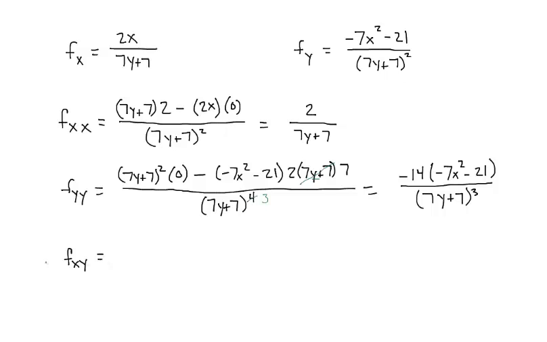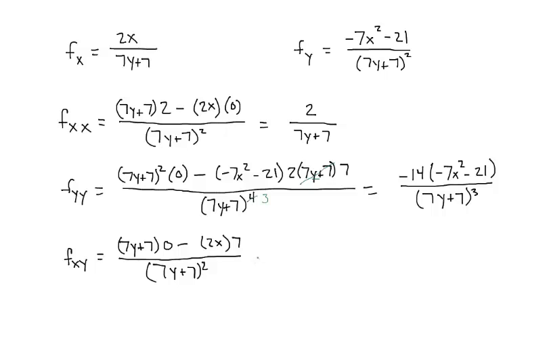So in this problem, we're going to start with the derivative with respect to x. So we're going to start with 2x divided by 7y plus 7, and we're going to take it with respect to y. So we have the quotient rule still, so we have 7y plus 7 times the derivative of the numerator with respect to y, which is 0, minus 2x times the derivative of the denominator with respect to y, which is 7, all divided by 7y plus 7 squared.